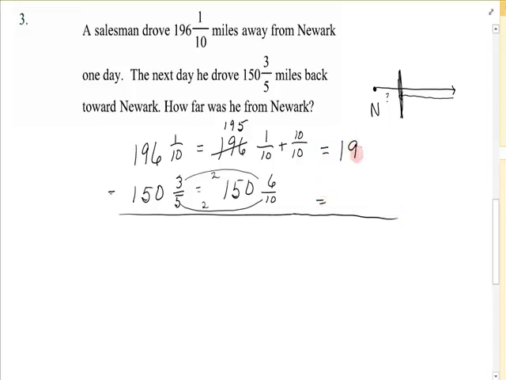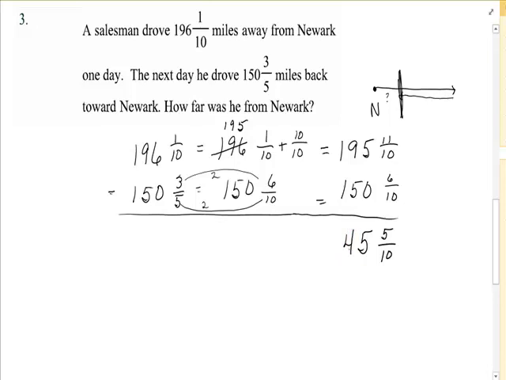This is 195, and 1 plus 10, or 11 tenths. This one is 150 and 6 tenths. Now I can subtract for 5 tenths. That's 6 from 11 is 5. Subtract here for 5. Subtract 5 from 9 for 4.